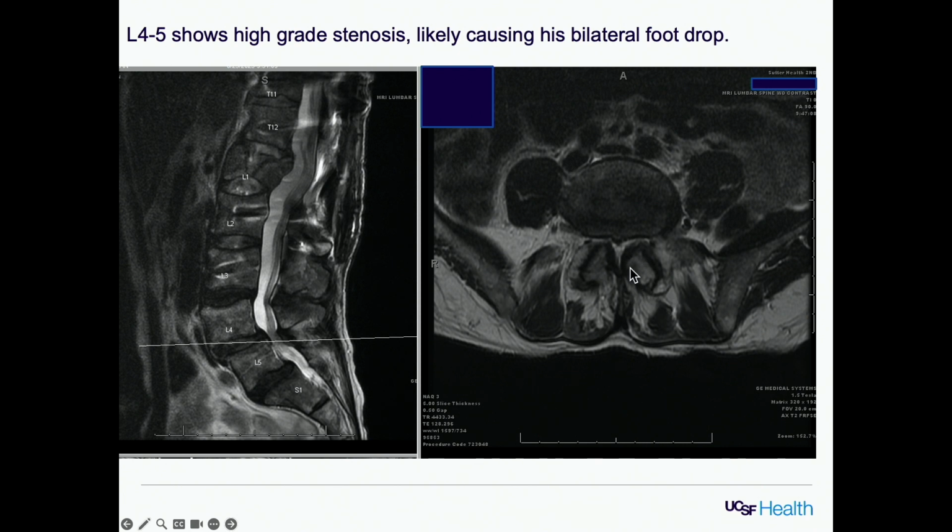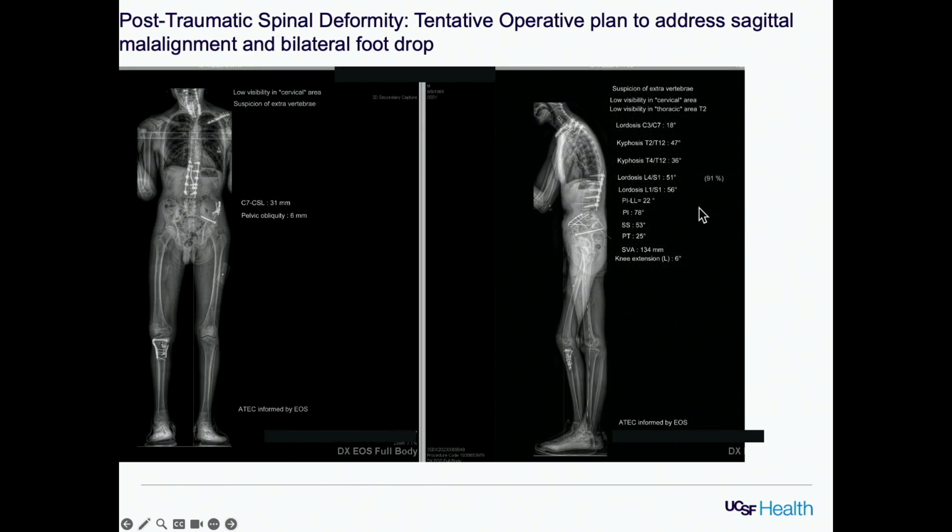And so now for his bilateral foot drop, we're going from a patient who survived a multiple polytraumatic spinal injury to now he's a deformity patient. And so how to address this while incorporating what has been done previously. I think when you treat these patients acutely, you're not thinking about deformity correction. You're thinking about getting them through the initial injury and the operative stabilization.